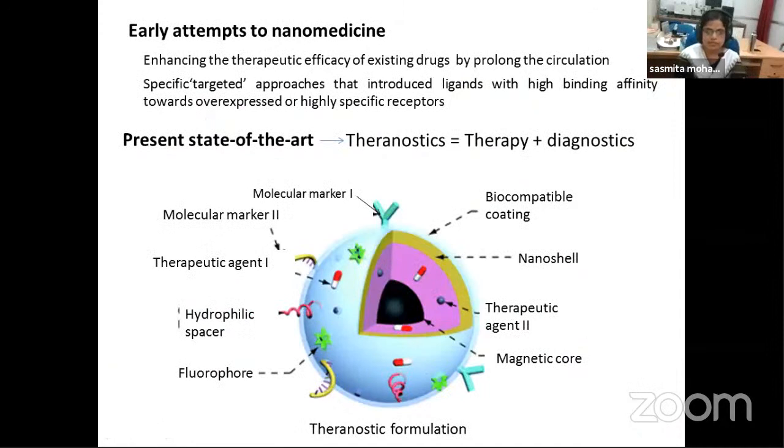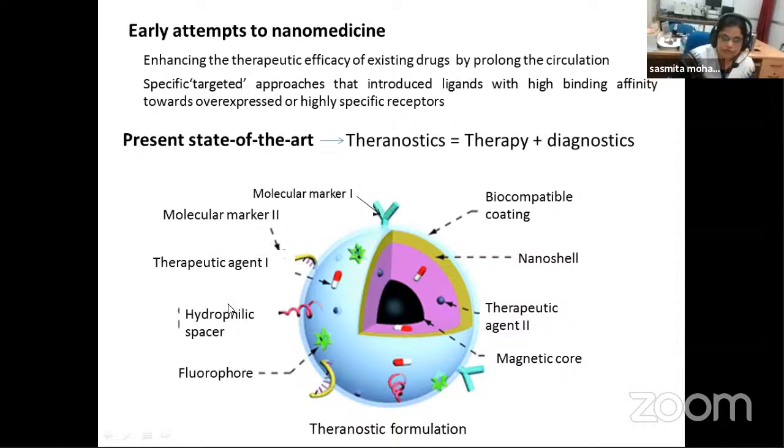In theranostic medicine, a single drug can serve multiple purposes by loading different therapeutic cargoes in the drug. For example, if you take a nanocell, you can load multiple therapeutic agents, as I have shown here, therapeutic agent 1. We can decorate it with a molecular marker, even with different molecular markers.